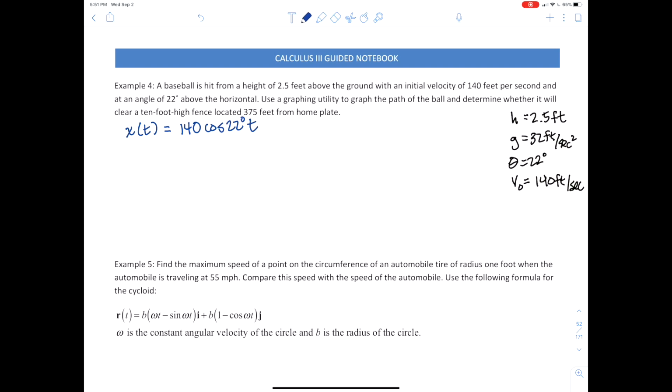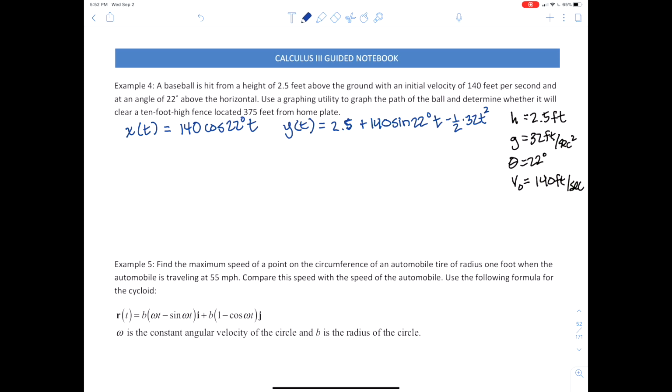Our y at t is equal to 2.5, the initial height, plus 140, initial velocity, times sine of 22 degrees, times t, minus 1/2 times 32t squared. Cool so far? So, what do they want us to answer, right?